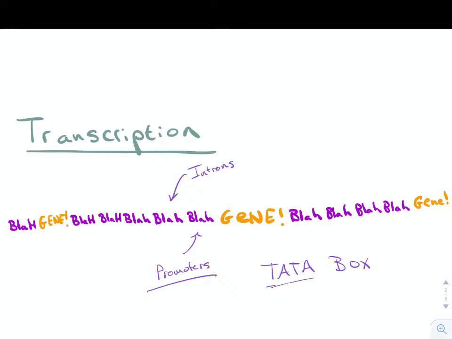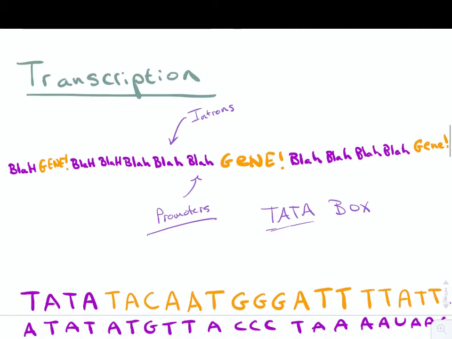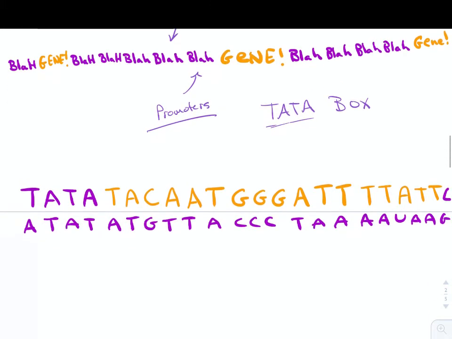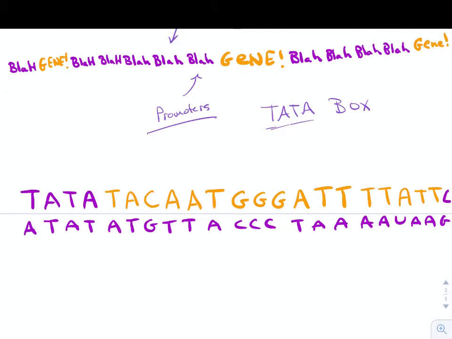It's thymine, adenine, thymine, adenine. And so here is a sample of what a DNA molecule can look like on both sides. And so you'll notice here that you have this Tata box, which acts as a promoter for an enzyme.